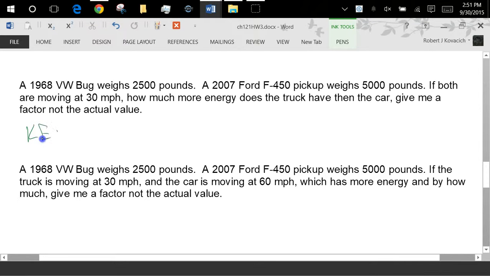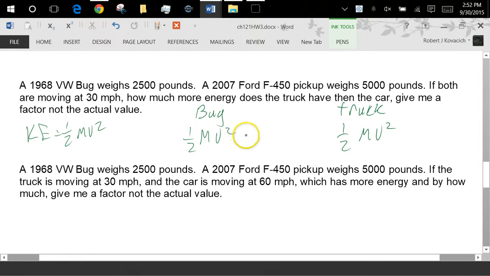The kinetic energy is 1/2 mv squared. And so I'm going to look at the kinetic energy of the bug and of the truck. They're both 1/2 mv squared. All right, so related to these two things, I can just make the half disappear because it's a half on both sides. So what do I do with the mass number? How are they different from each other?